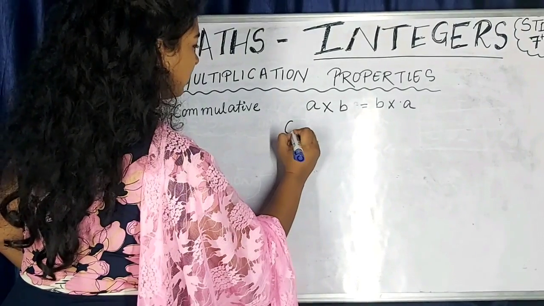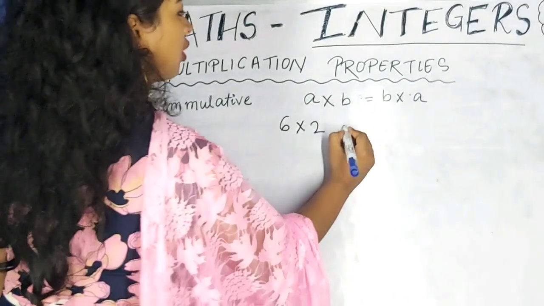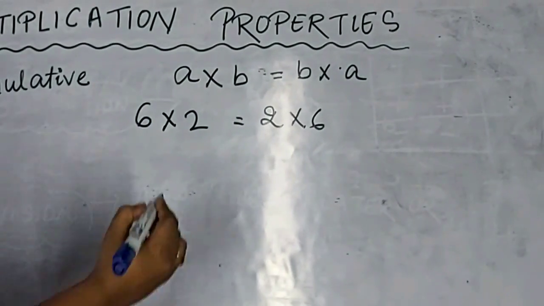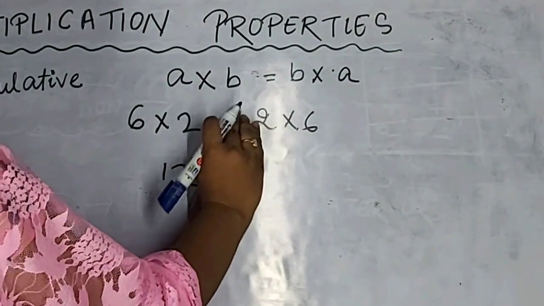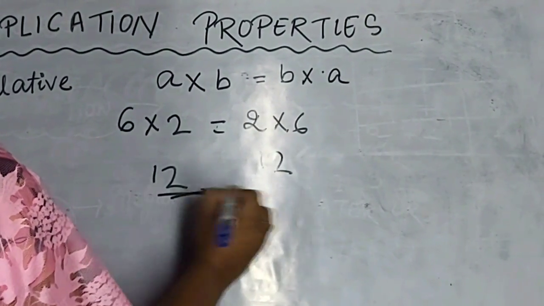We can take an example, that is 6 into 2, right? So 6 into 2 is also equal to 2 into 6. 6 into 2 is 12. And yes, 2 into 6 is also 12. Right?